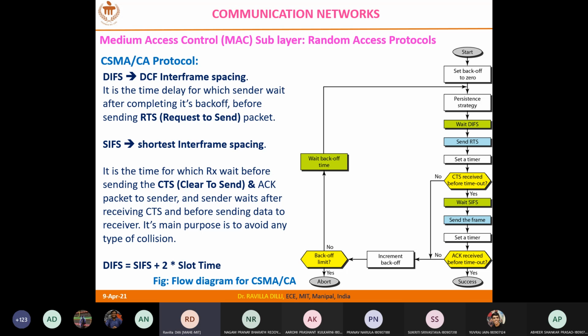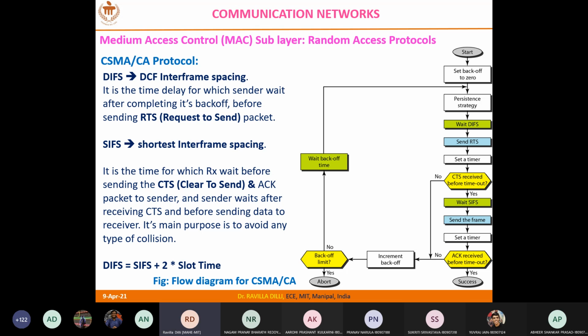So as shown in the previous slide, the IFS time you have to wait, which is DIFS time. After that, you are sending request to send. So here you should understand, this is very, very important, because CSMA/CA is used in wireless communications. So in wireless communications, there are two fundamental issues called the hidden terminal problem and the exposed terminal problem. So what are those?